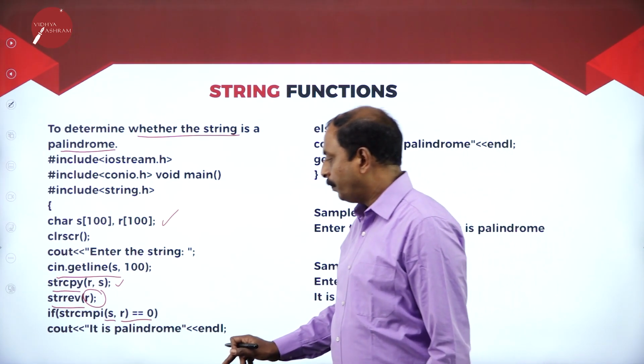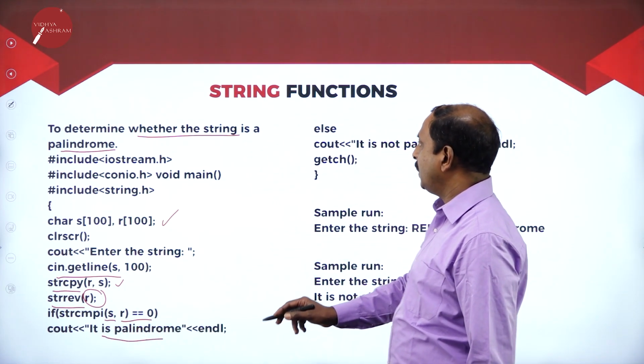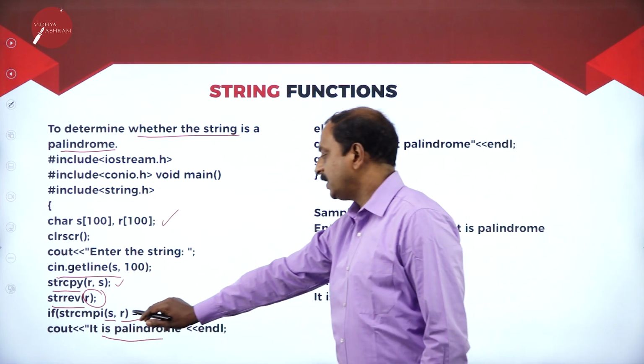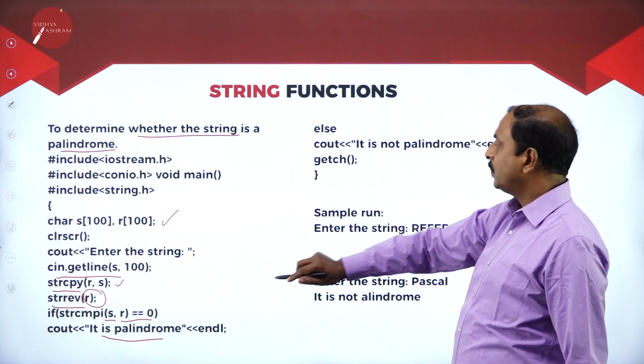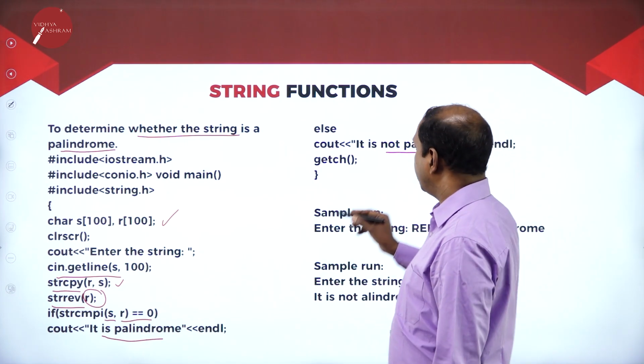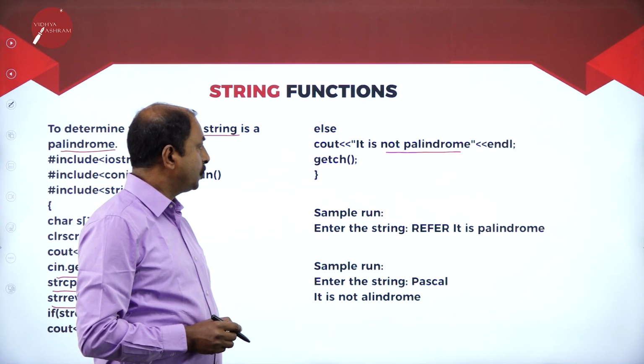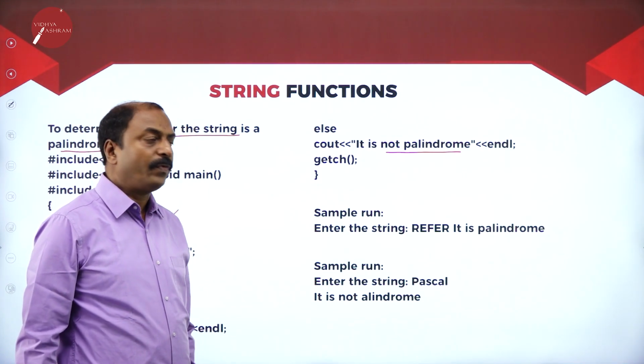Then we print the output as it is a palindrome. And else, if the result is other than 0, it prints not a palindrome. So getch, close the program. So this is a program to show the working of string functions.